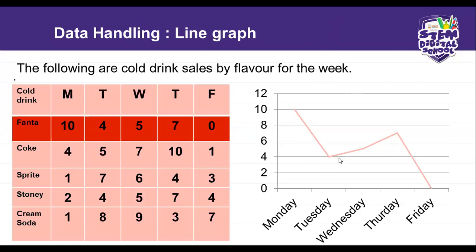You can actually say that there's more that you can say about the graph. So what you can actually say is that, you know, the trend it's fluctuating. The sales of these cool drinks is changing. It was high on Monday, it dropped on Tuesday, it picked up on Wednesday, it went up again on Thursday, but the sales dropped on Friday.